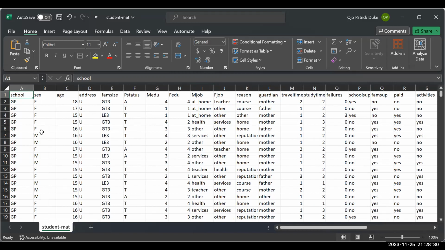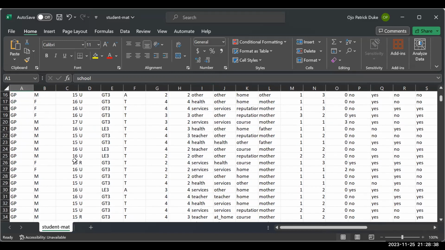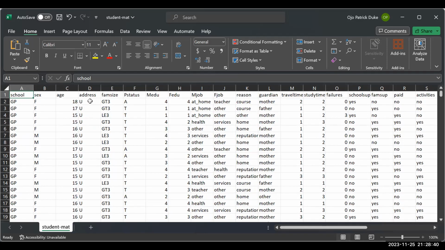Okay, so as you can see, this data has the name of school, the sex, the age of the student, more like a high school data or something, and then the address, that may not be that useful, the family size. There is an explainer data set that tells us about this. I have that somewhere. I think parent status or something.